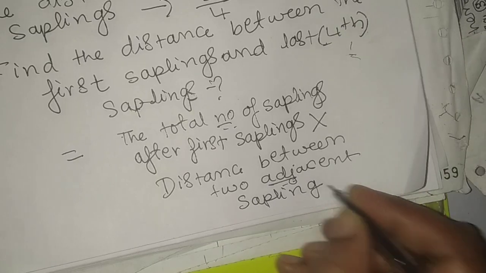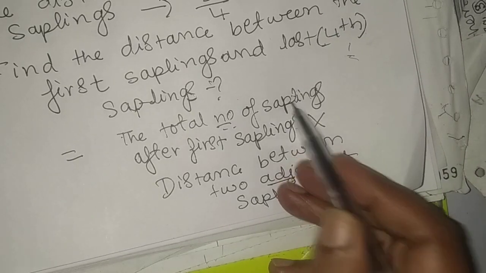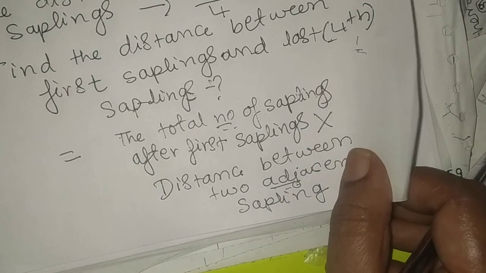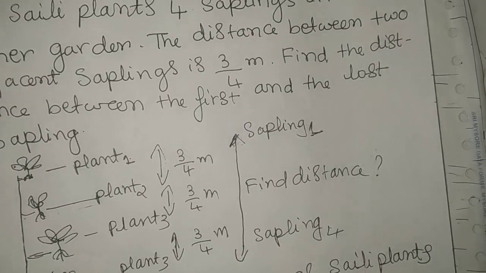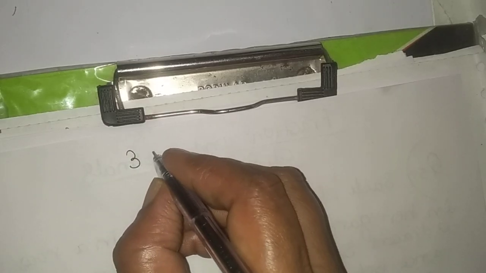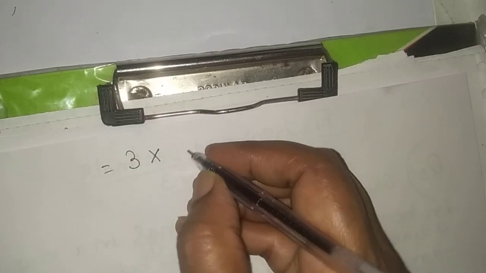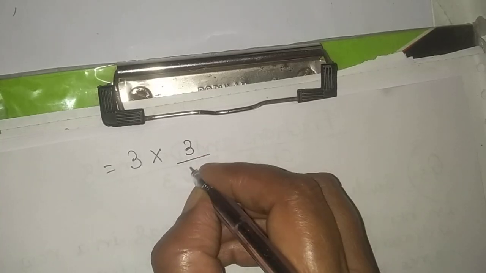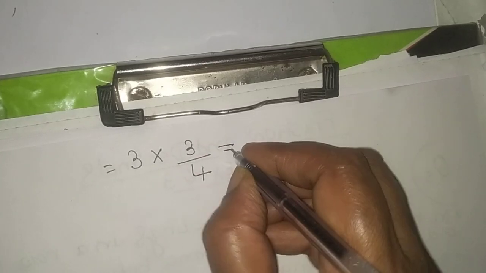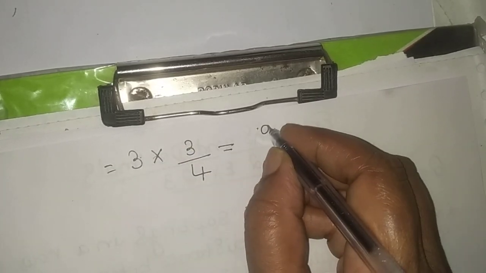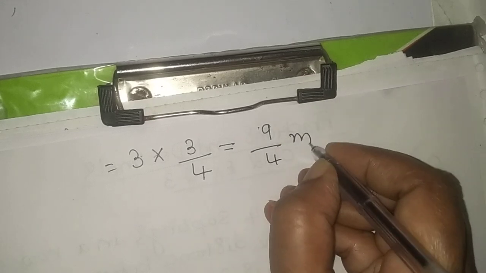You have to multiply the total number of saplings after the first sapling into the distance between the two adjacent saplings. Now we'll continue. The total number of saplings after the first sapling will be 3, leaving the first one, into the distance between the two adjacent saplings, which is 3 by 4. Multiply this: 3 3s are 9, 9 by 4 meters.